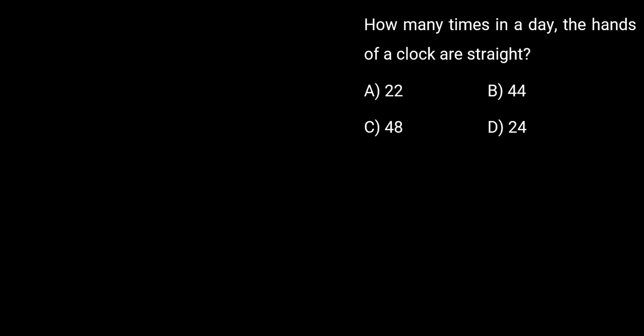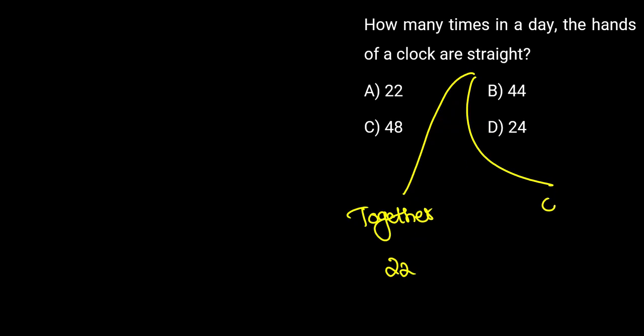And similarly, what's the answer for this? Straight line, when the clock hands are straight. Together is 22. Opposite, again 22.